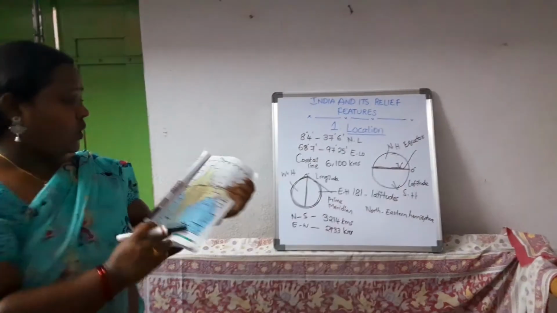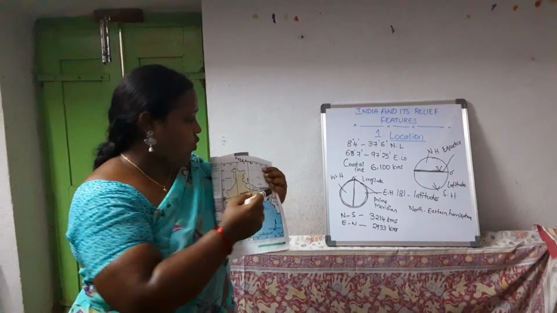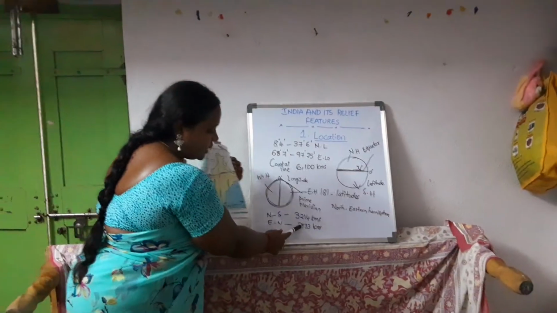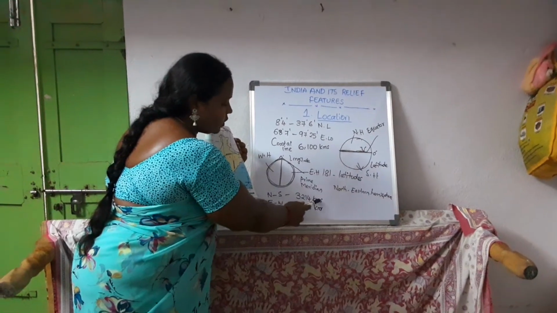And children, you can see this, right? The distance between east to west is 2933 kilometers. From north to south it is 3214 kilometers.